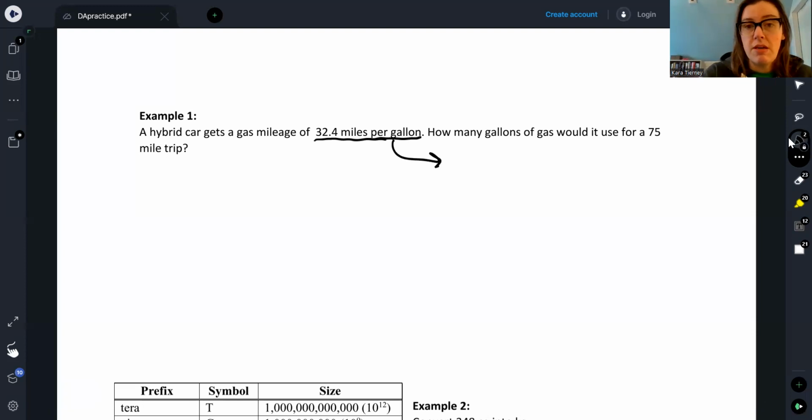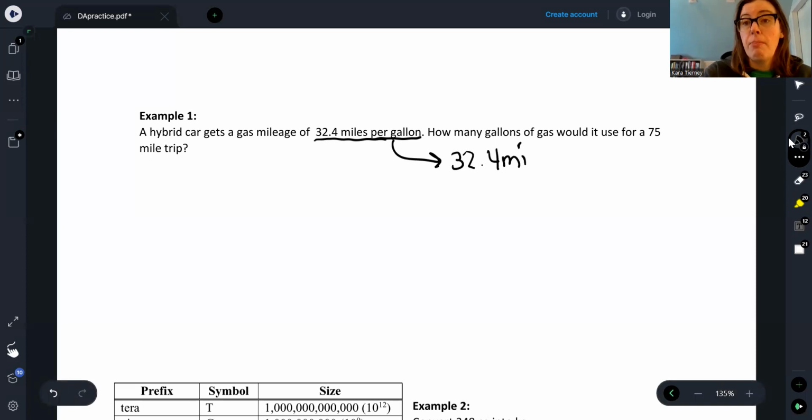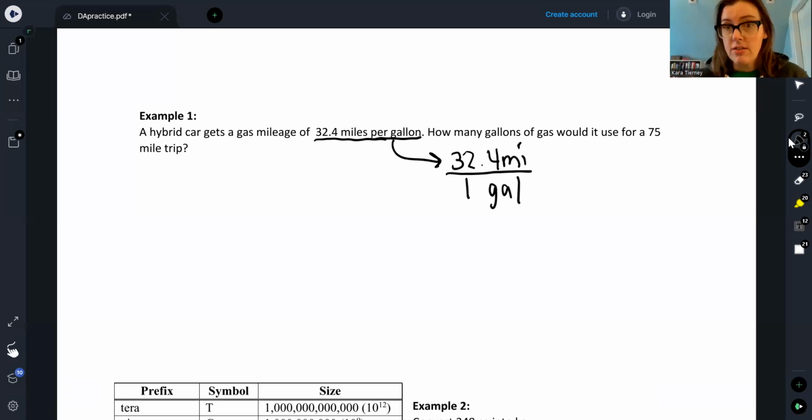What we can do is write this with everything that goes before per on the top. So 32.4 miles per, and everything after per goes on the bottom, 1 gallon. So what this means is that these two are equivalent. 32.4 miles is equivalent to 1 gallon.